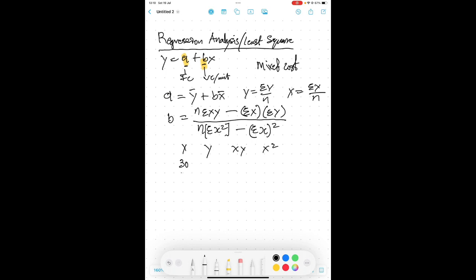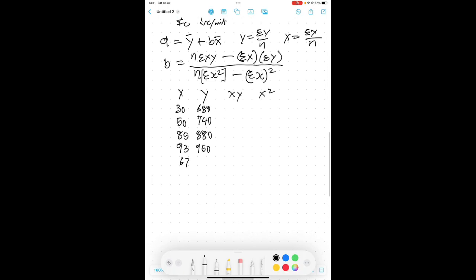We have the volumes now, volume produced, which is our X: 30, 50, 85, 93, 67. Y: 680, 740, 880, 950, 820.